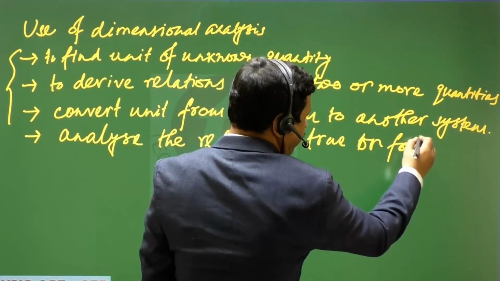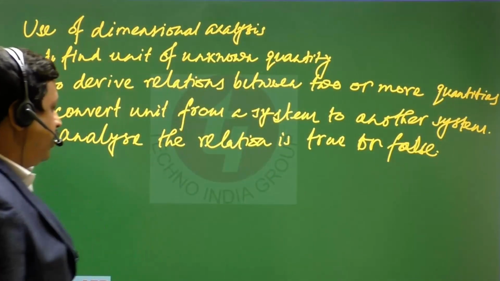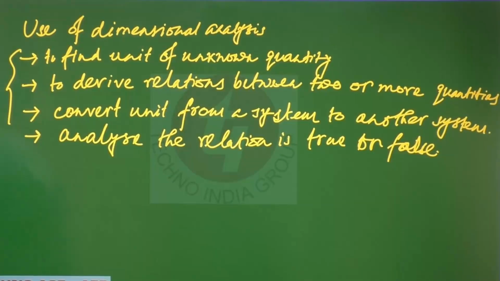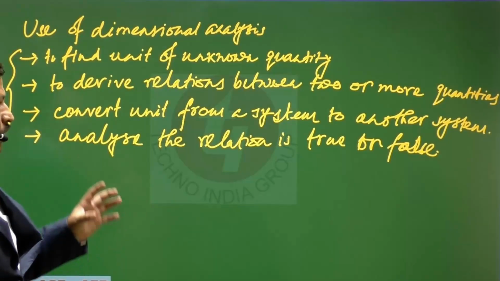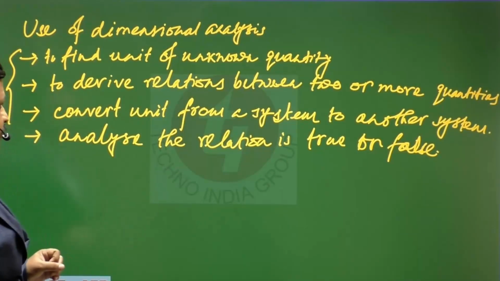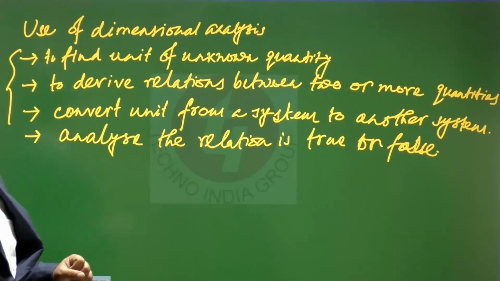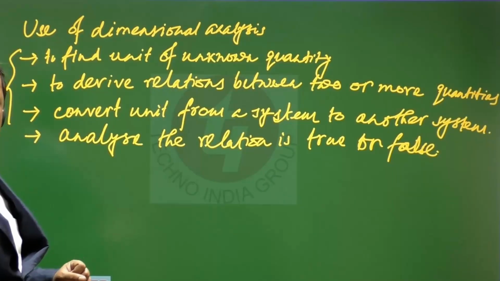Okay, these are the uses of dimensional analysis. First thing, we can find the dimension or unit of an unknown quantity. We can establish a relation between the quantities, and also we can convert units from one system to another system, and analyze whether a relation is true or false.